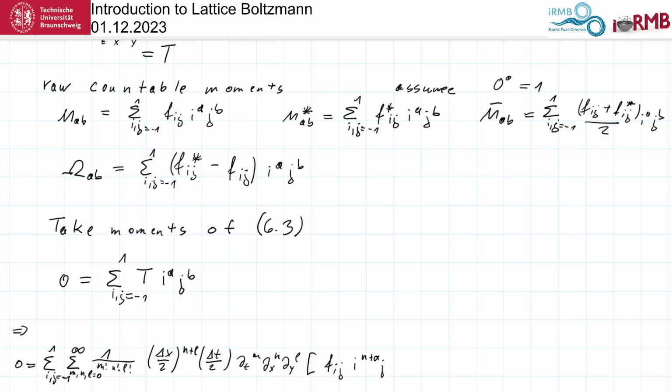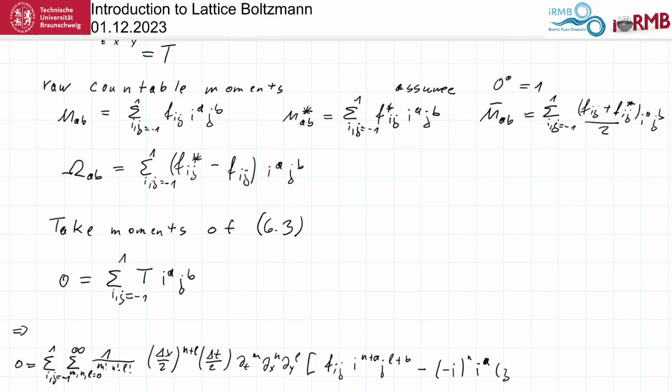And the same thing, j to the power of l plus B. So it continues with minus i to the power of n and i to the power of A. Now it's a bit more complicated because the one comes with a minus and the other one does not come with a minus.